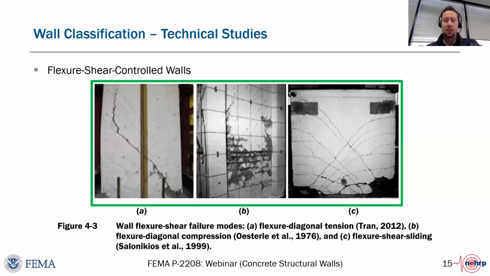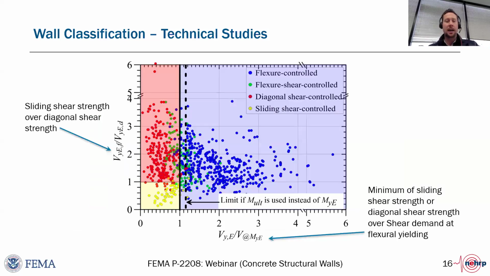It's tough to just say it's one or the other. So the way we went about that is basically, and this plot I think has a good visual representation of the different failure modes and where they fell on the vertical axis. Where you're basically looking at whether it was sliding shear or diagonal shear strength controlled.